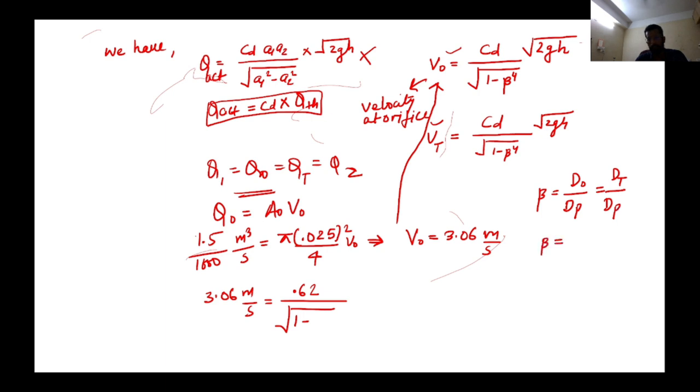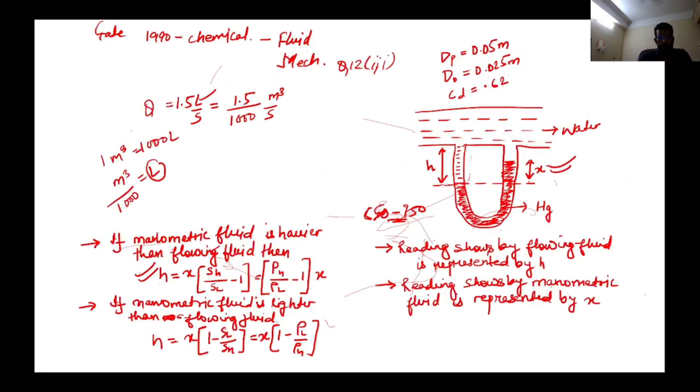So here diameter of orifice is 0.025 divided by 0.05, that will be equal to 0.5. So I'll write here 0.5 to the power 4 into root 2g, g is gravity, and h we have to find. On solving this, h will come 1.163 meter, right?